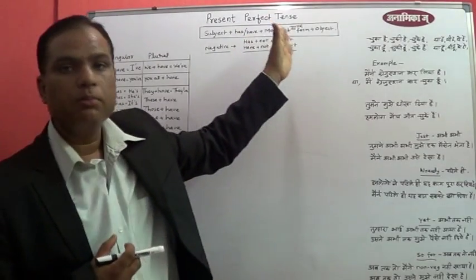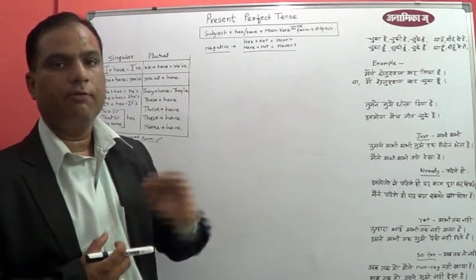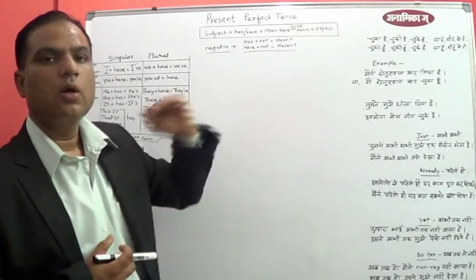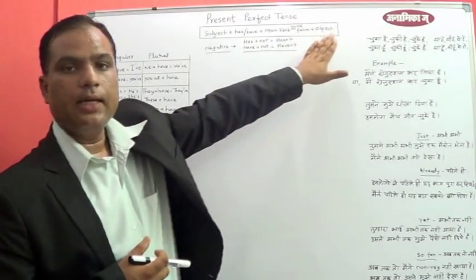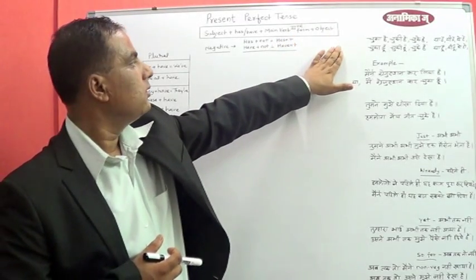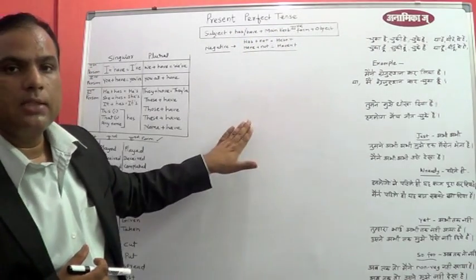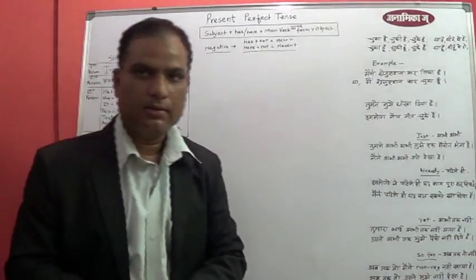And the most important part of this structure is verb's third form will always be used. Present perfect tense, only verb's third form is required, and then we will have object. So this will help us to frame positive sentences belonging to present perfect tense.